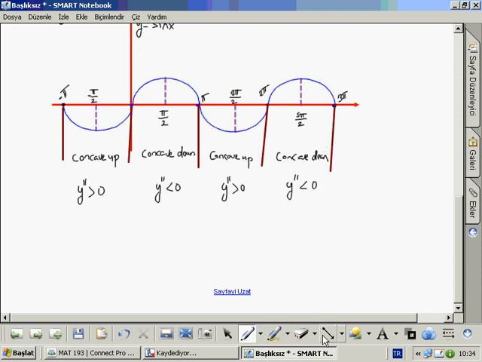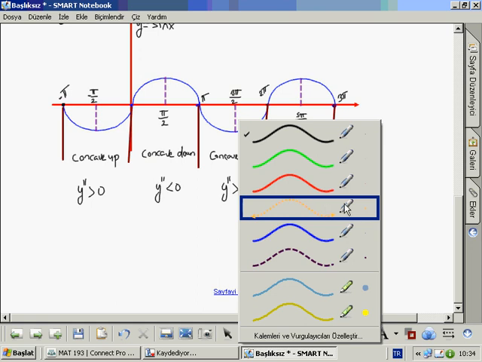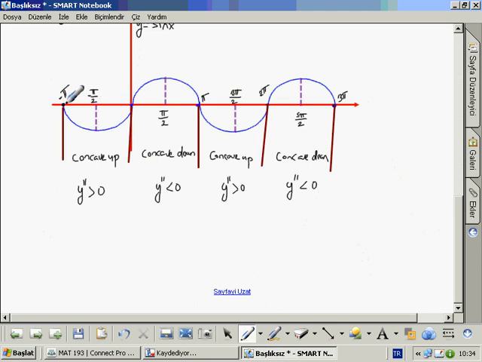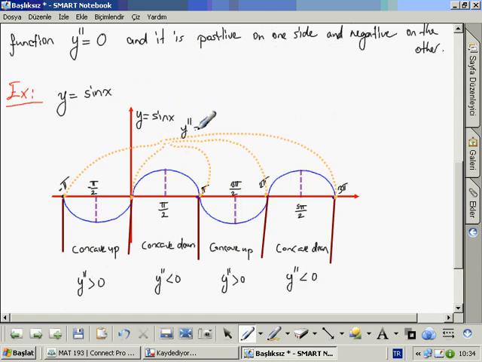Please look at these points. All these points, we know that y double prime equals 0, so these are inflection points.